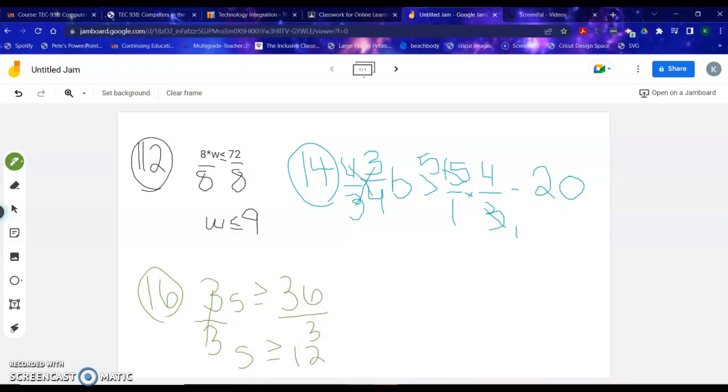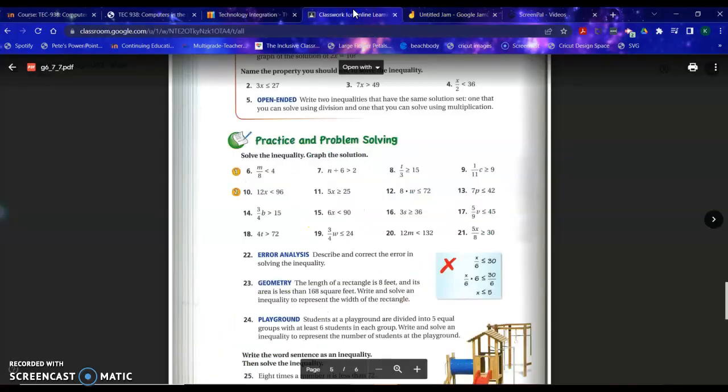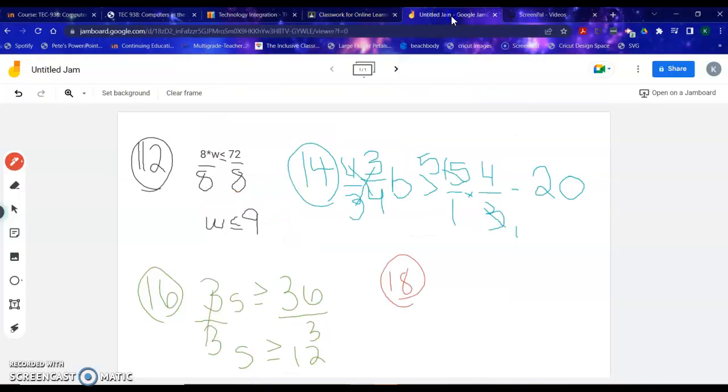And then we'll do 18. 18 we'll do in red. So number 18 says 4t is greater than 72. Okay, t doesn't look very good. This again shows multiplication, so you would divide both sides by 4.